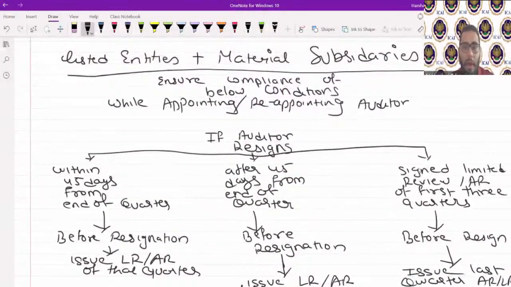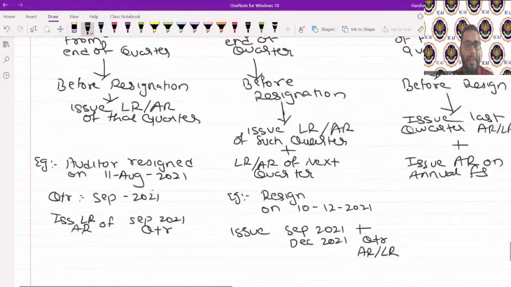Now, in this case, who is required to comply with these provisions? The company needs to ensure it before appointing or reappointing. Let's say, for example, if the auditor has resigned on 11th August 2021, before appointing any auditor, I need to make sure that the auditor who resigned on 11th August 2021 has issued the limited review or audit report of the September 2021 quarter.